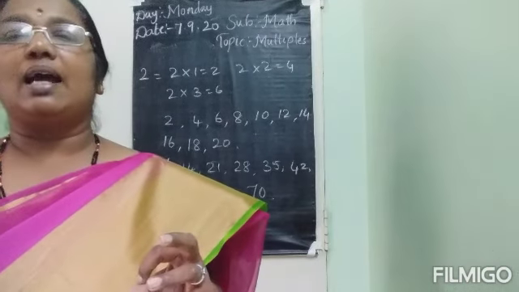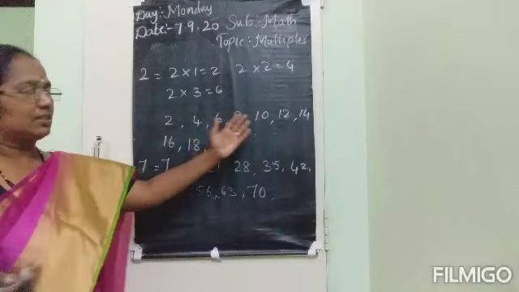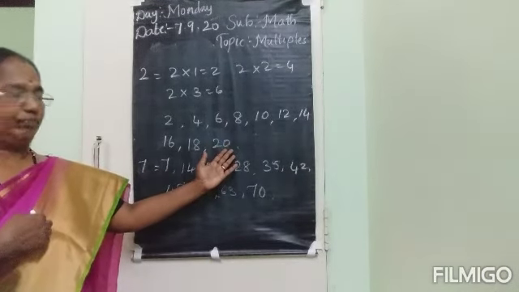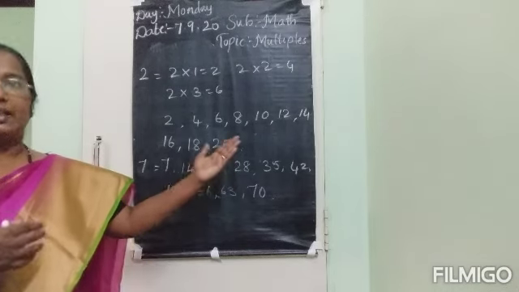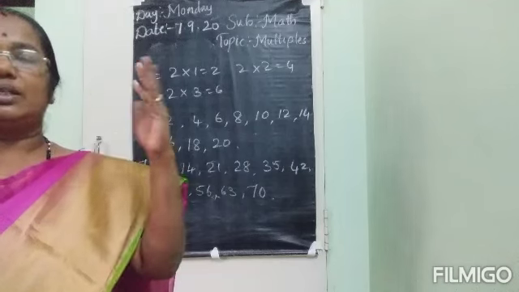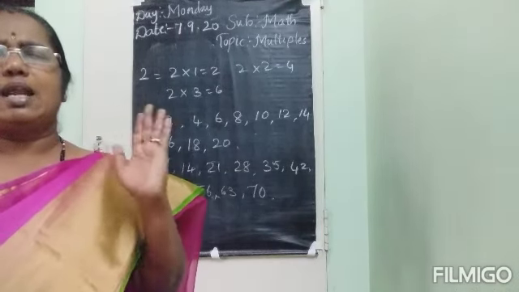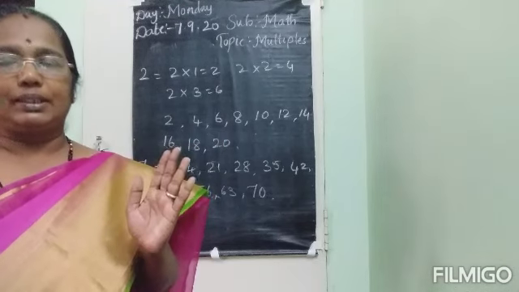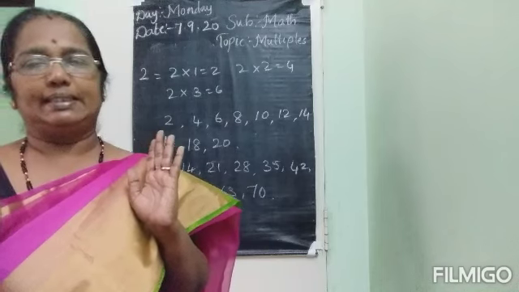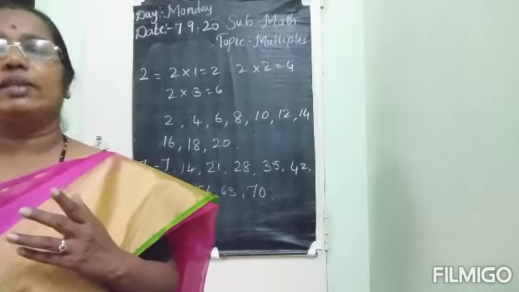Here I have stopped the table of 2 at 10, but it can go on to 2 elevens, 2 twelves, 2 thirteens, 2 fourteens, 2 hundreds, like that. A number can have any number of multiples. It can be multiplied any number of times.